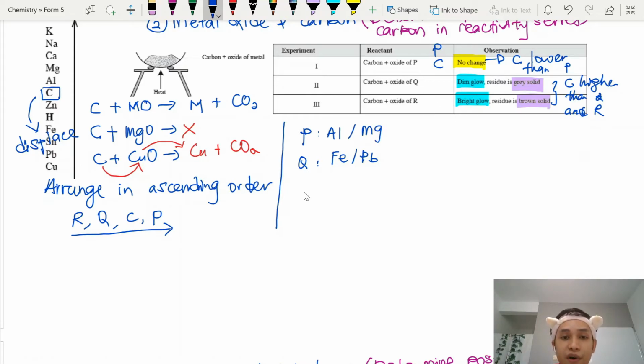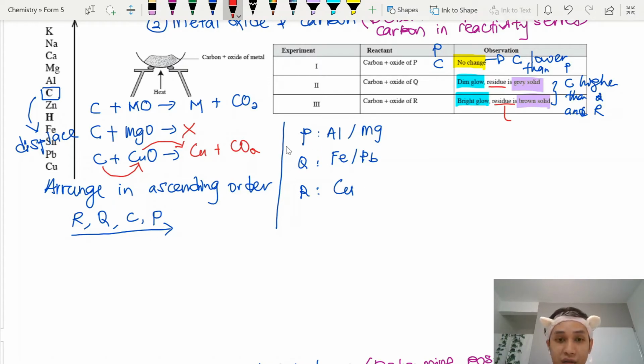Now for R, this one I believe everyone knows, right? Brown solid only got one, which is copper. So that is how we identify. For arrangement, we look at the front observation here, the reactivity, whether it is burn or bright or dim. Then we know how to arrange the elements.